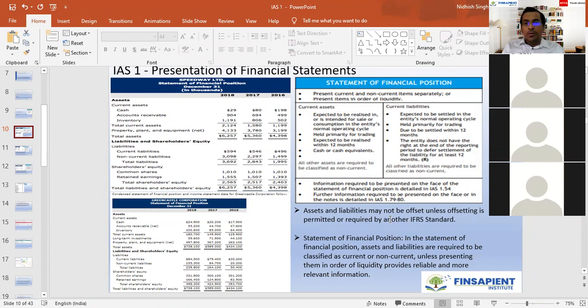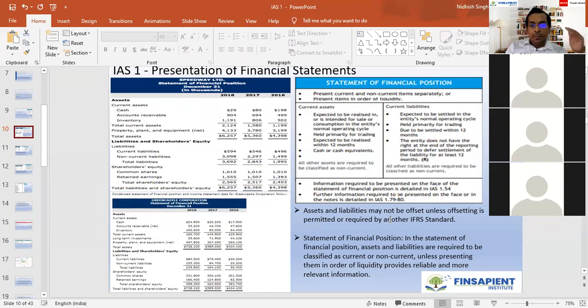So the rule is saying here, expected to be realized in or intended for sale or consumption in the entity's normal operating cycle. So current assets should have certain criteria, like either your inventory, cash, account receivable, like somebody is due to pay, you have sold the goods and services on credit. So all those are part of current asset because they are likely to get converted within a year.